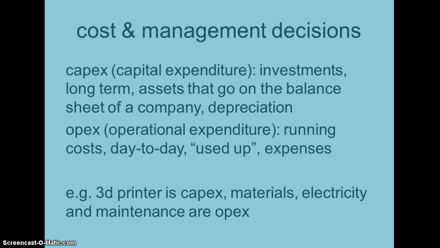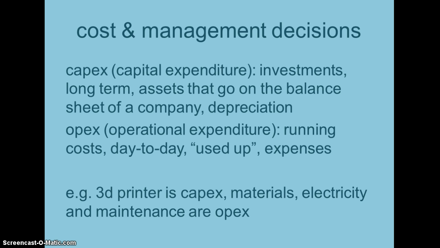Decisions for costs are very often related to management, and there it's important to know two terms that you will run into in the corporate world, and that is CAPEX for capital expenditure and OPEX for operational expenditure. So CAPEX are investments that run in the long term, things that are bought for capital expenditure, go on the balance sheet of the company and will be depreciated over the years.